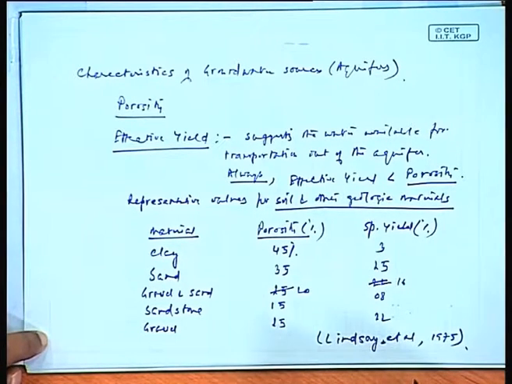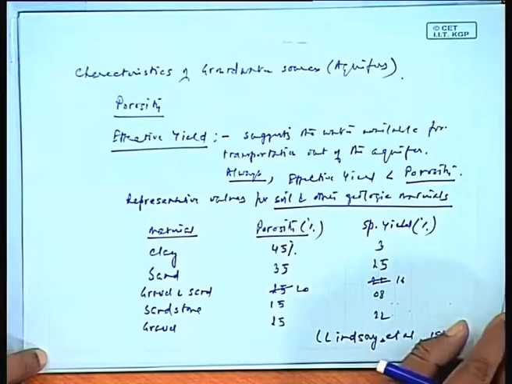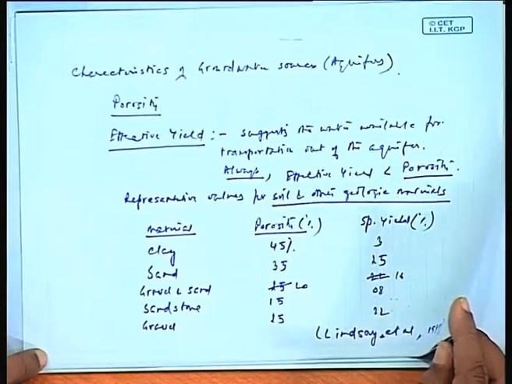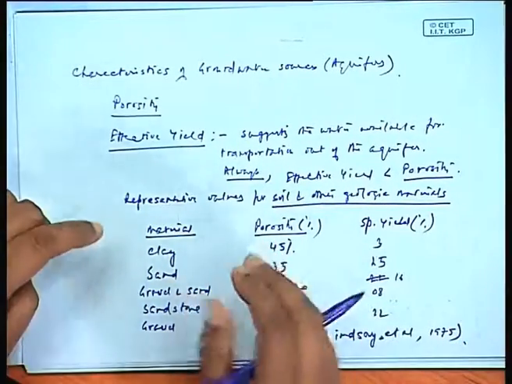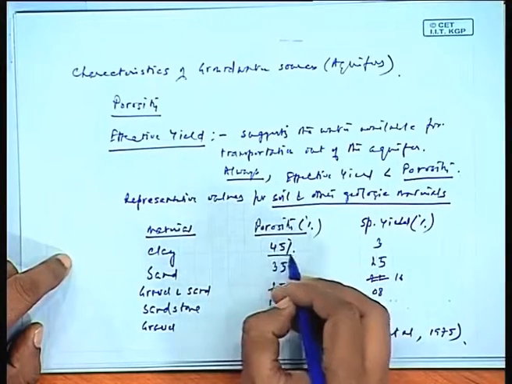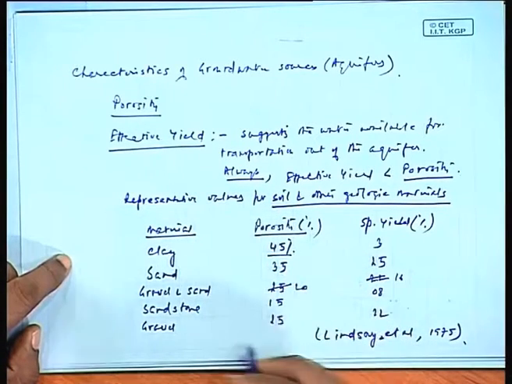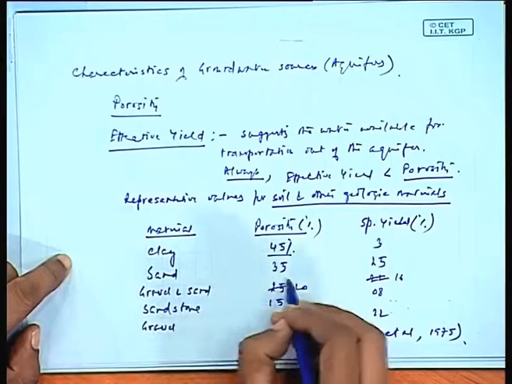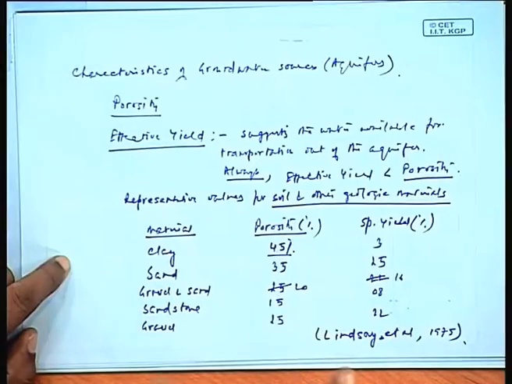This is just to give you the specific yield of different water-bearing formations, particularly aquifers. Here, clay can contain about 45% of its volume as water, whereas sand can have about 35% void volume that would contain water.